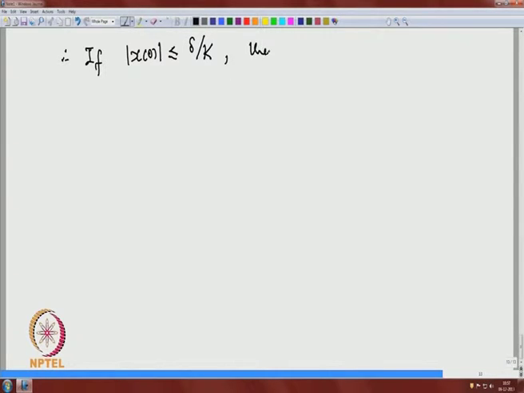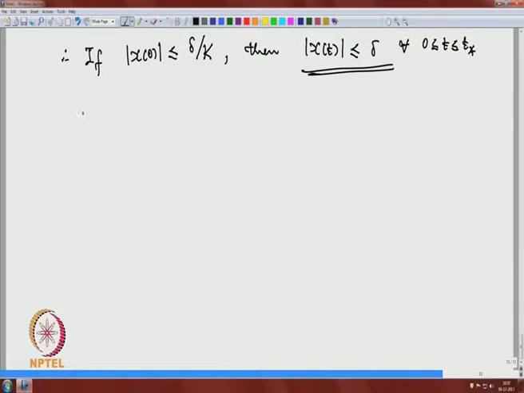Then, if you look at the previous inequality for all t, indeed the solution has remained less than or equal to delta. So, all the steps we have derived are legitimate and they are valid.